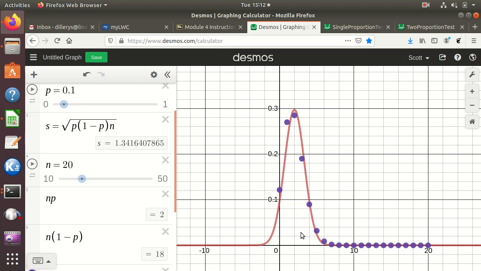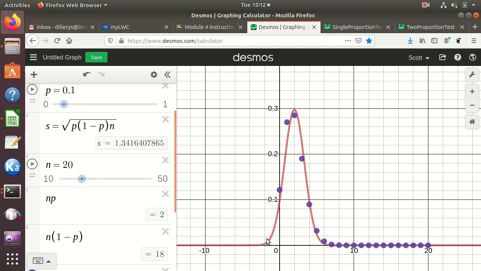This stuff in here is in the negative values of x. Well, I can't have a negative number of successes. I can have 0, but I can't have a negative number. And so you see things can start falling apart, and it doesn't work so well.